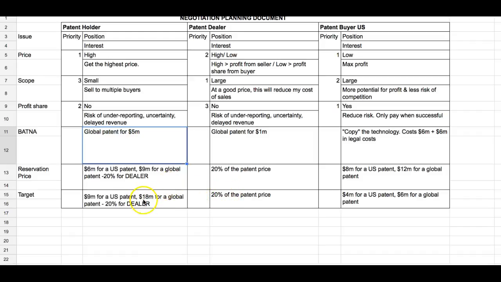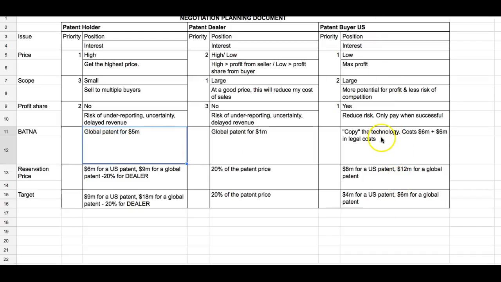I think actually it should have been 12, but I'm not 100% sure. The patent dealer basically wants a deal that gives a pretty high price to the patent holder, high enough for the patent buyer to accept it. So he will work with the patent holder to get a good price from the patent buyer.